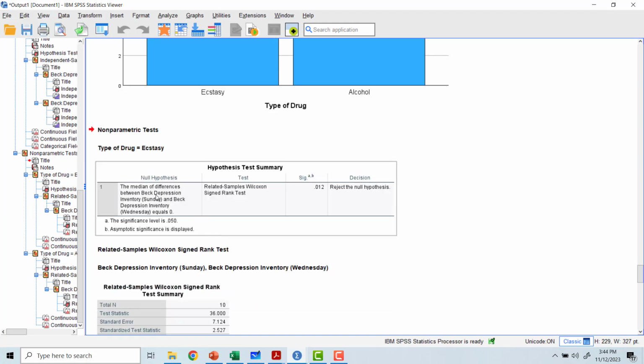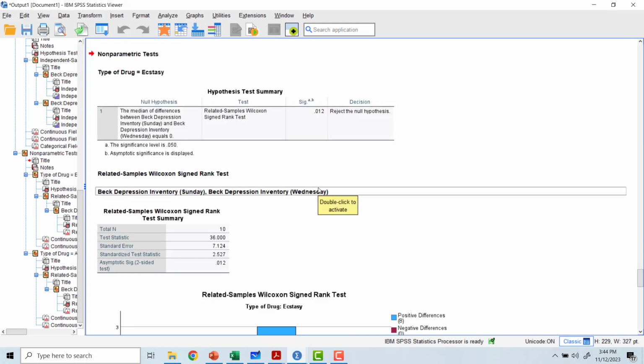First we have the test for ecstasy between Sunday and Wednesday, and we have some significance here. We reject if we were using alpha equals 0.05, but not alpha equals 0.01, so we have marginal significance.